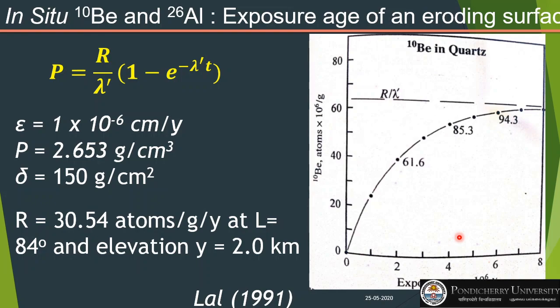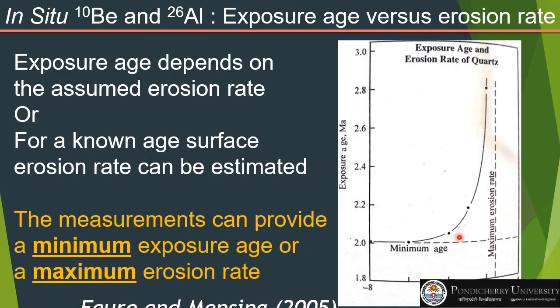This is an important aspect to understand in this kind of application. If you are saying that this is the exposure age of a particular surface, you implicitly are saying that this is the exposure age provided that this is the rate of erosion of that surface.